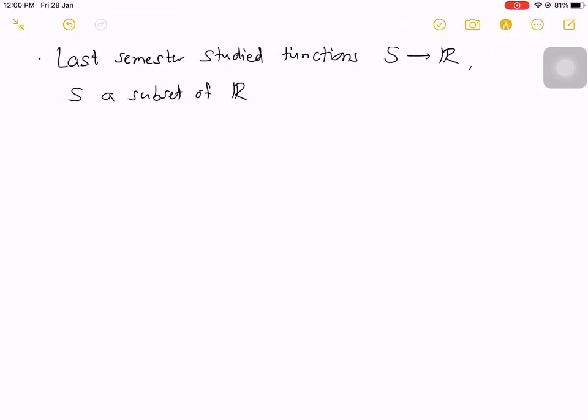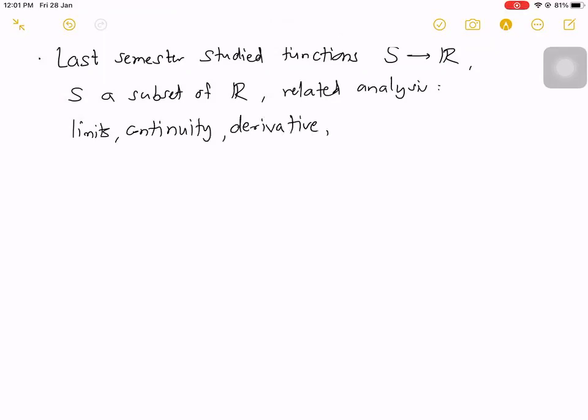Last semester we did functions on a subset of R and the related analysis, which is limits, continuity, derivative, max, min, and Riemann integral. Right?